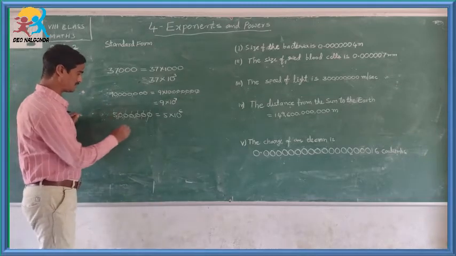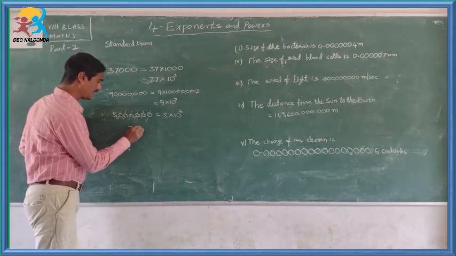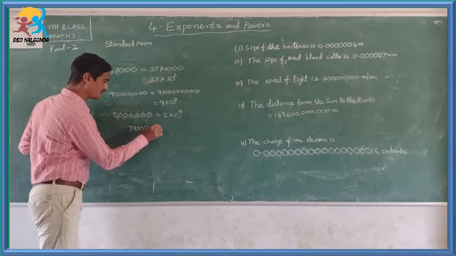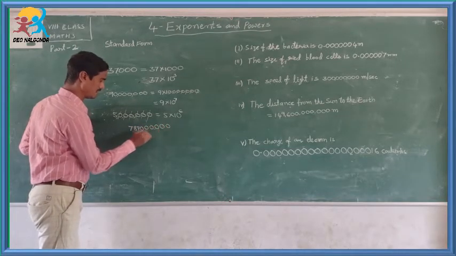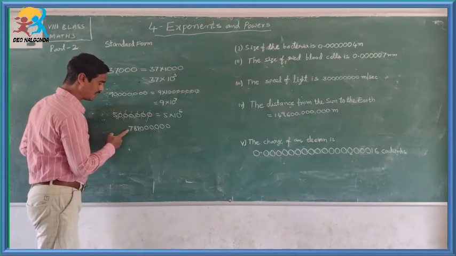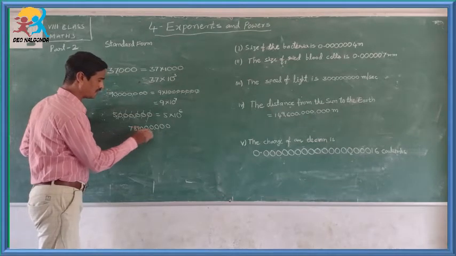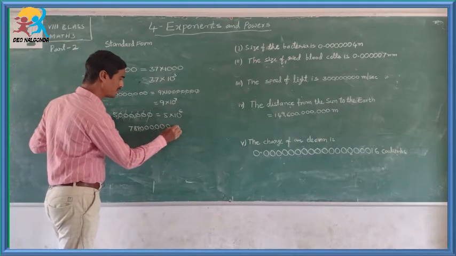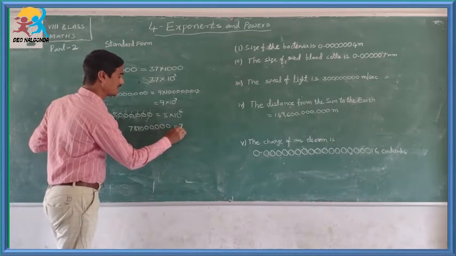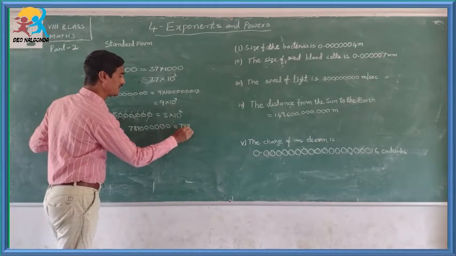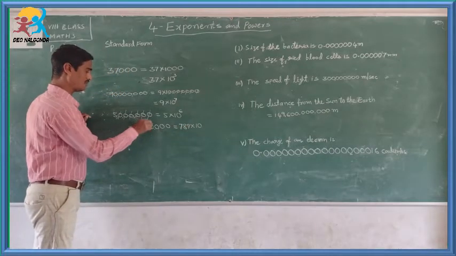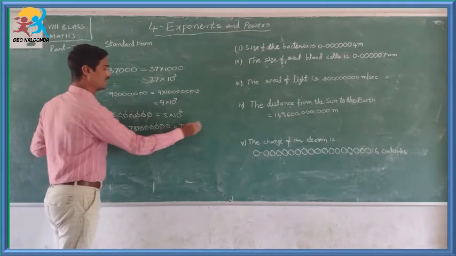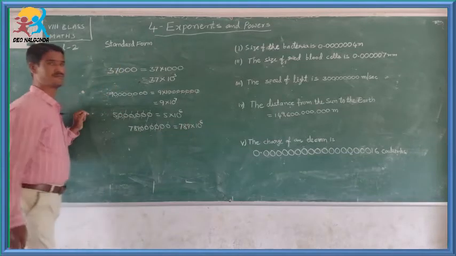Now suppose 789 millions. This can be written as 789 into 10 to the power of 6.